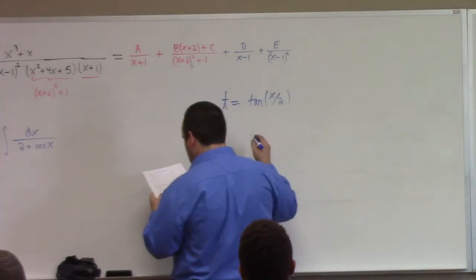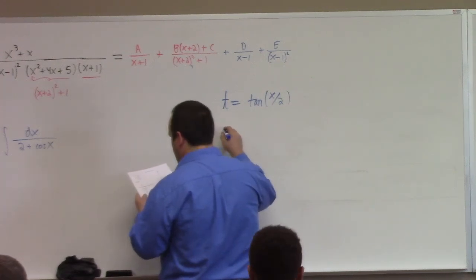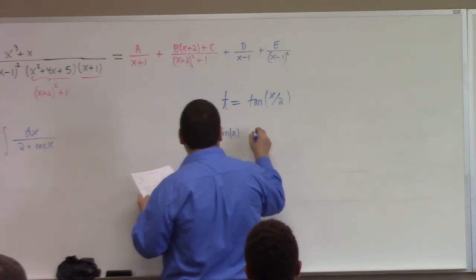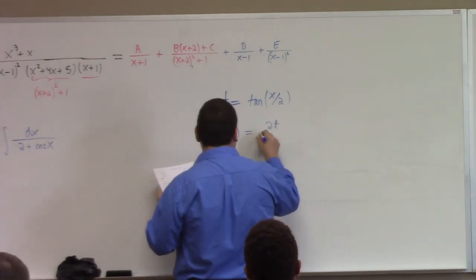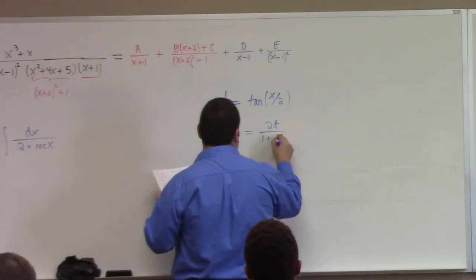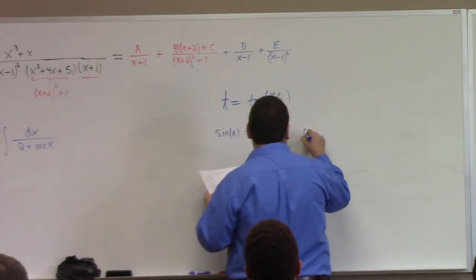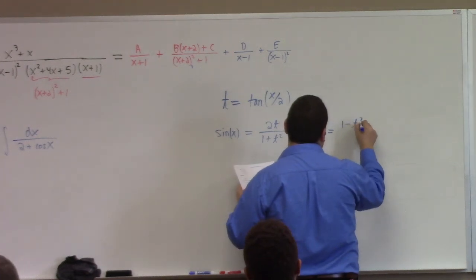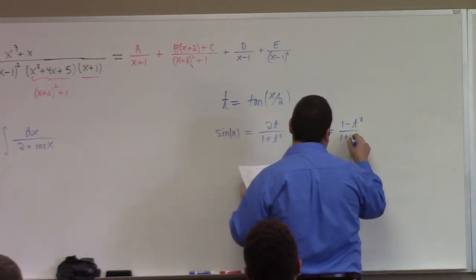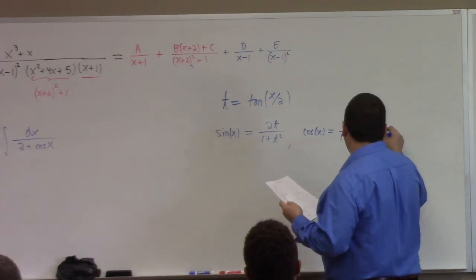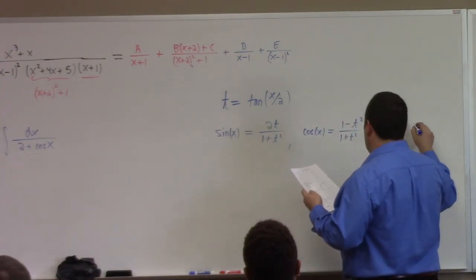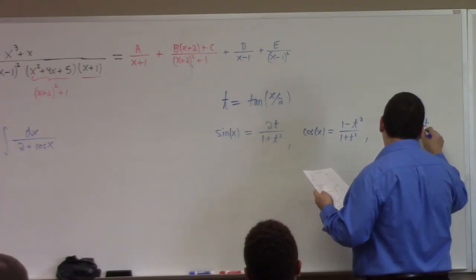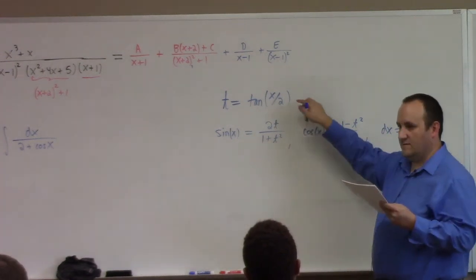Then you can derive some things. For example, and I won't go through it because we're out of time pretty much, you can work out that sine of x is 2t over 1 plus t squared. You can derive that the cosine of x is 1 minus t squared over 1 plus t squared. You can also derive that dx is 2 over 1 plus t squared dt.